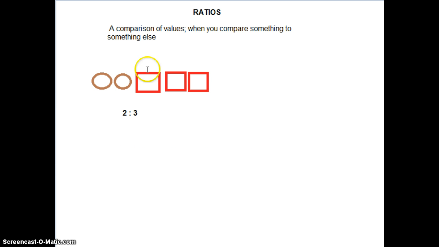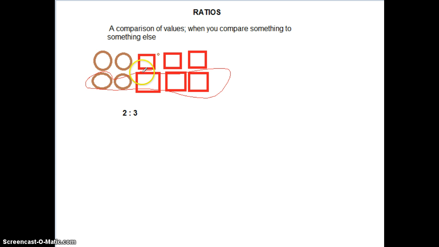So then that means that if I have another 2 circles, if I want to add them on, then I must have 3 more squares. So then if I do, this makes the ratio correct. So then for every 2 circles, there are 3 squares, you see?